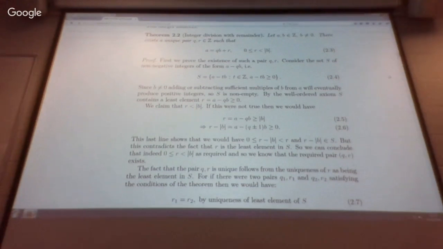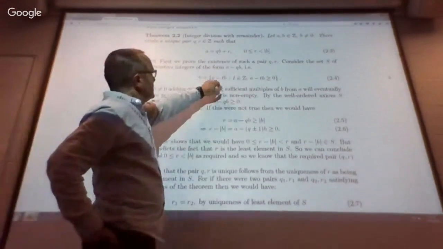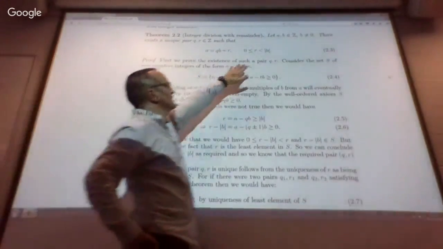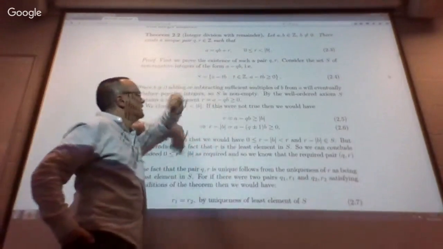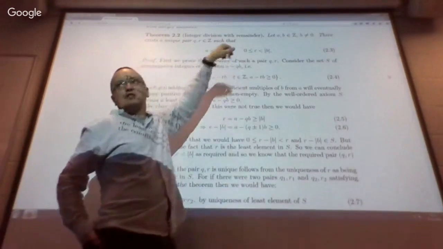So the way it works is we construct this set S. Because the non-negativity condition is on the remainder R, you can express that as A minus QB.